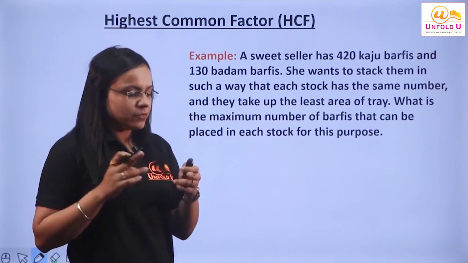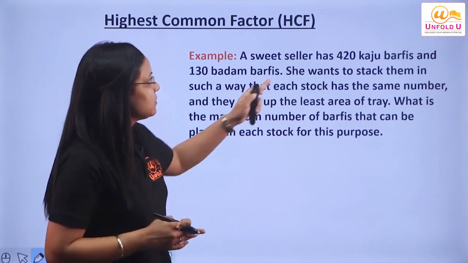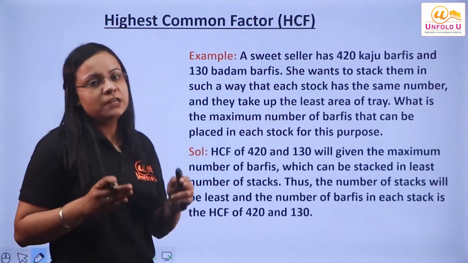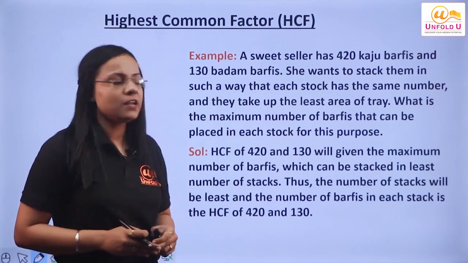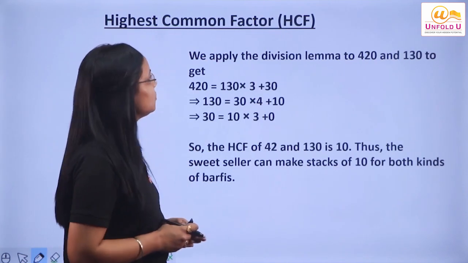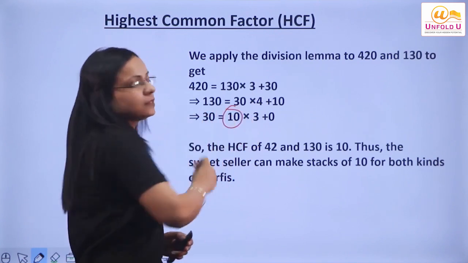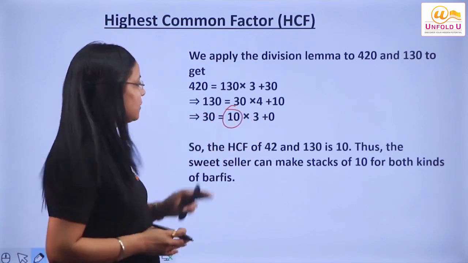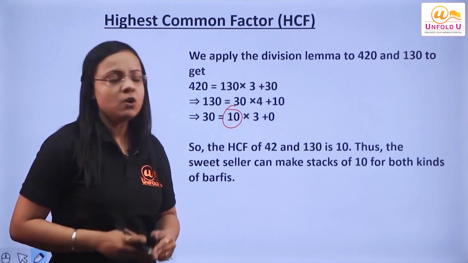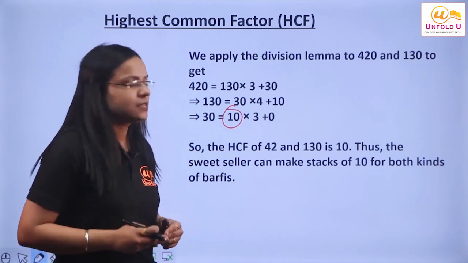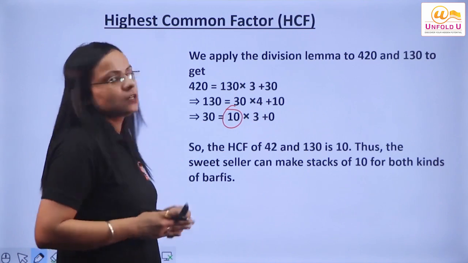So we find the HCF of the two numbers, 420 and 130, using Euclid's division lemma. We find that 10 is the HCF of the given numbers, 420 and 130. So we find that the sweet seller can make stacks of 10 for both kinds of burfis.